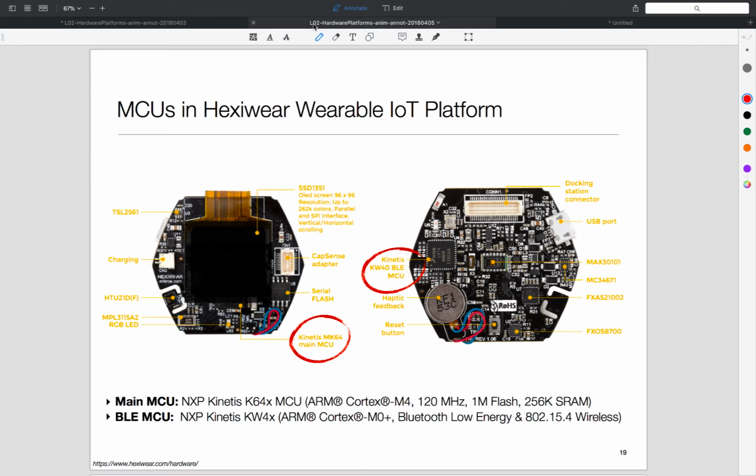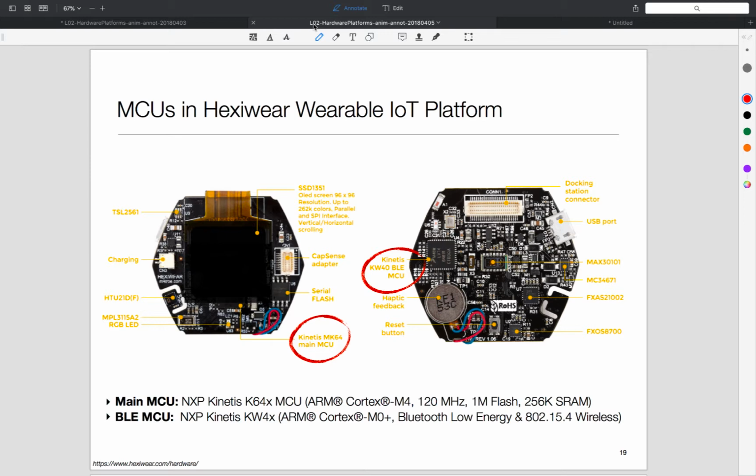This system has two microcontrollers actually. There's a main MCU, which is this big chip here, and a Bluetooth low energy microcontroller unit, which is sitting over here. This is a little thing, as you can see, an ARM Cortex M0, which is a very low-end microcontroller.